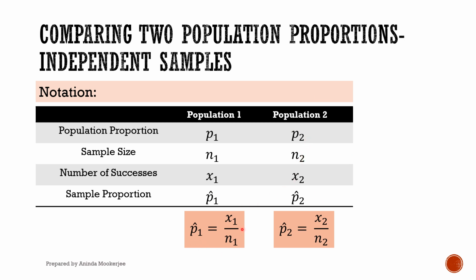And the calculation, the formula essentially is the same as what we used before for one population proportion. However, we have to make sure that we are using the correct X values that pertain to population 1. So X sub 1 divided by the sample size from population 1, and for P hat sub 2 we have to use X sub 2 and N sub 2 to calculate it.